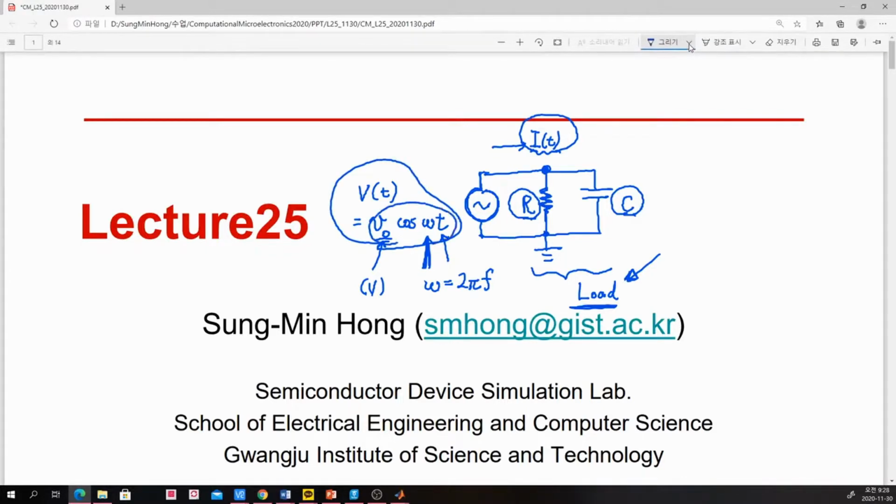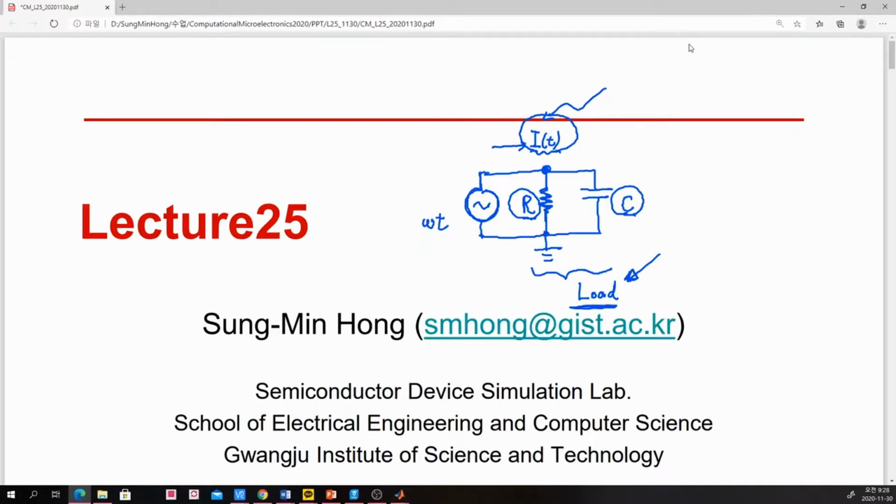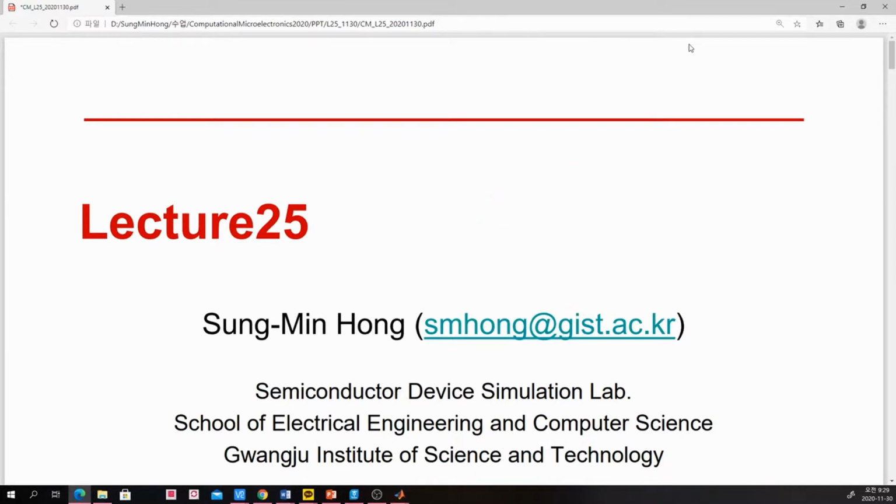This is just a sinusoidal, but you can insert anything you want and get the response of your system current with respect to your input voltage. Up to now, with our current simulation capability, we cannot perform such kind of time varying phenomena. However, today we'll talk about how we can simulate this time varying behavior. So let's go.